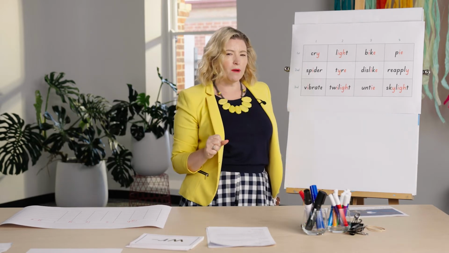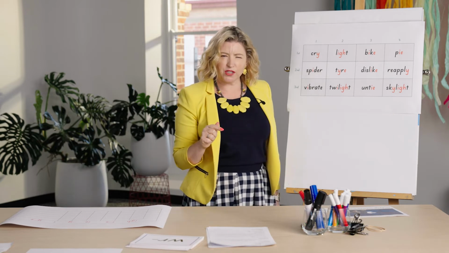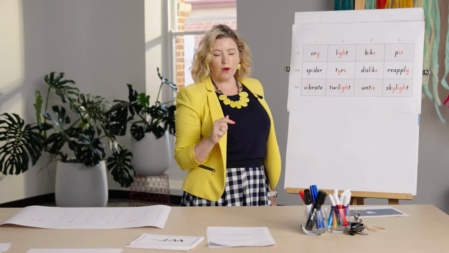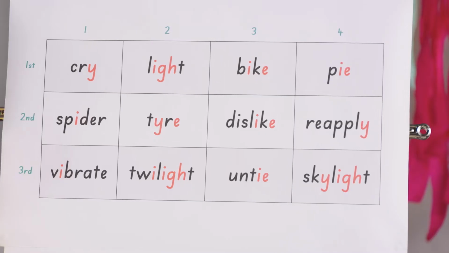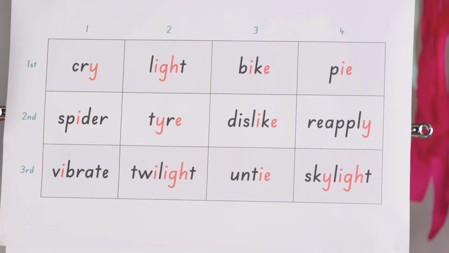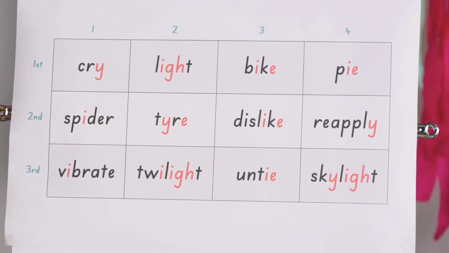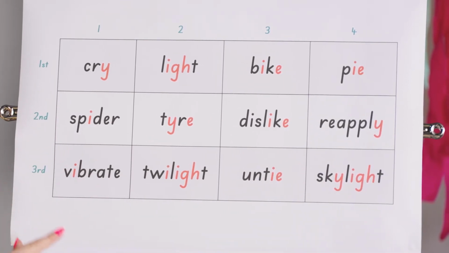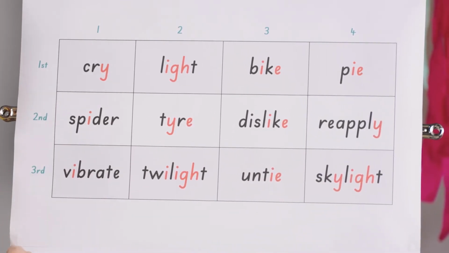Let's see what we know about these words now. I've got some questions for you. Which 2 words have a prefix in them that means not? Have a look at the list. We've done a few prefixes and we know the ones that mean not. What can you see?